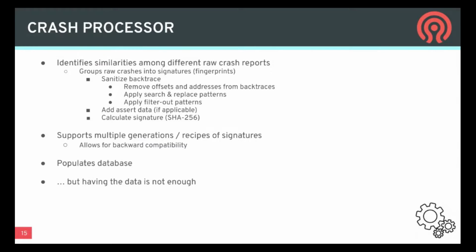It does that by removing the offsets and addresses from all the frames. Then it applies some search and replace patterns and filters out patterns from some frames that are just noise in the backtrace. Then it adds the assert data if it's there, and it calculates the signature using SHA-256.